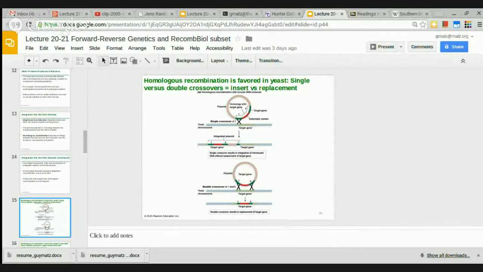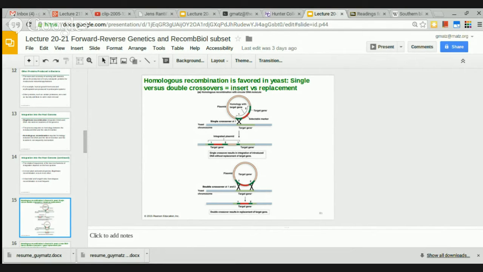So this is a very common way to, quote, knock out a gene. Introduce some foreign DNA right into the middle of a gene, and you've messed that gene up. It's a knockout, okay?